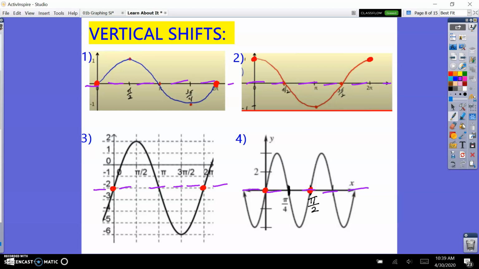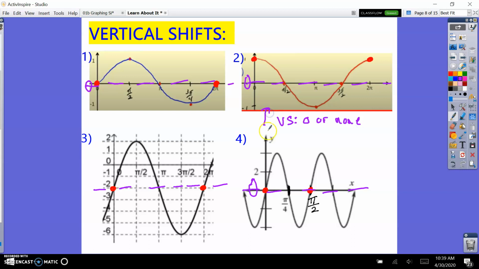And so we can see in this first one, my horizontal center is at 0. Number 2, it's at 0. Number 4 is at 0. So all of these 4 have a vertical shift of 0 or none.